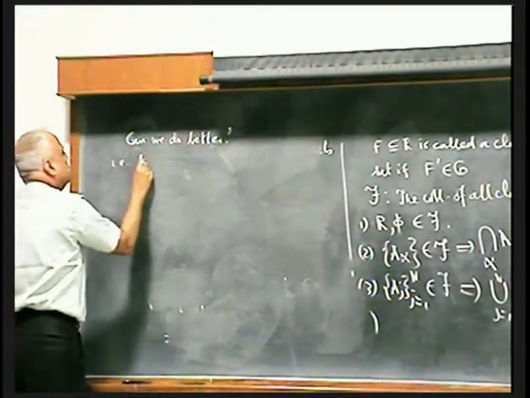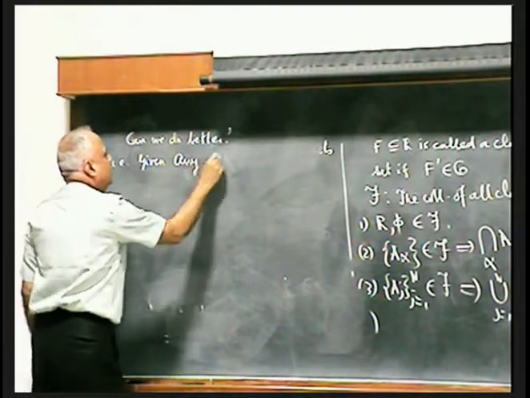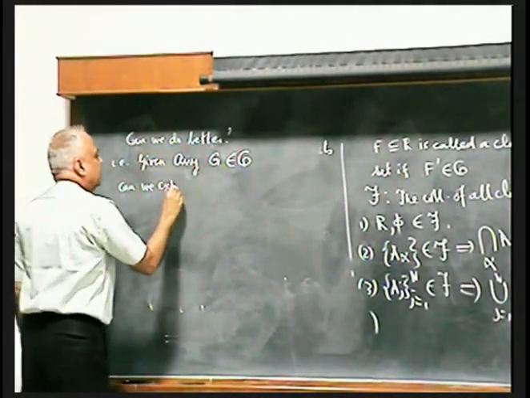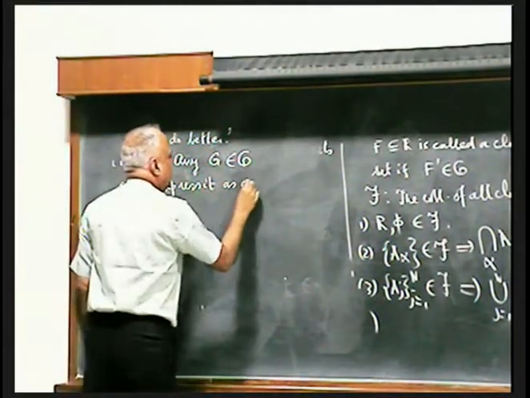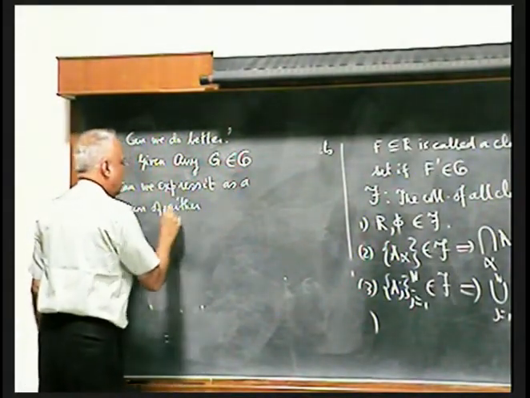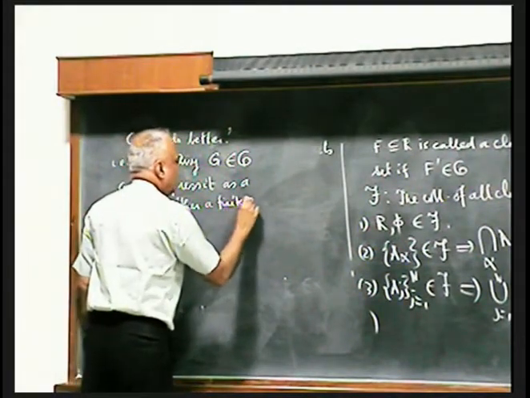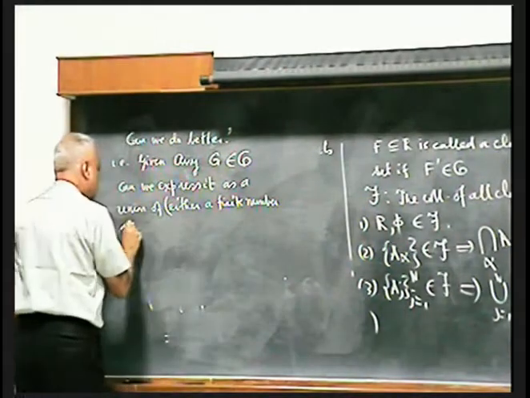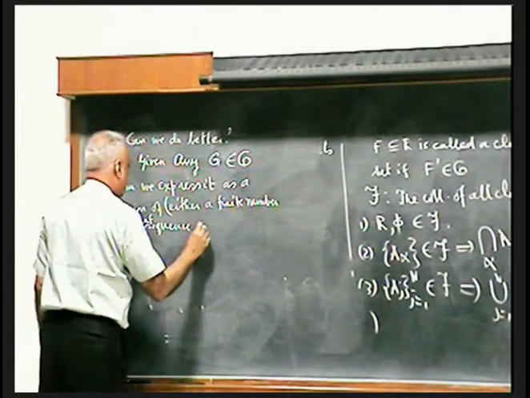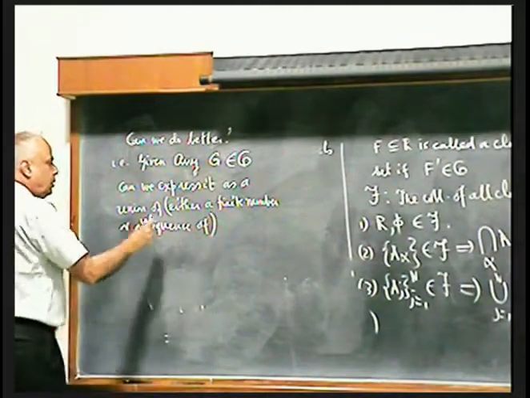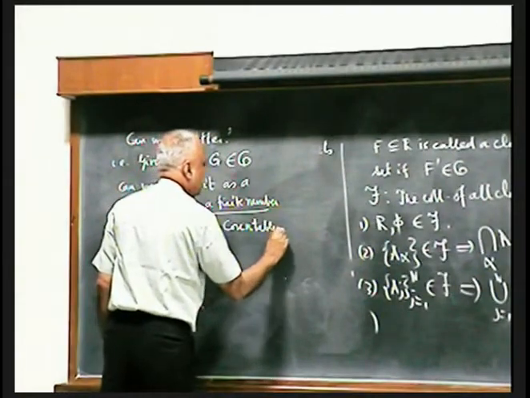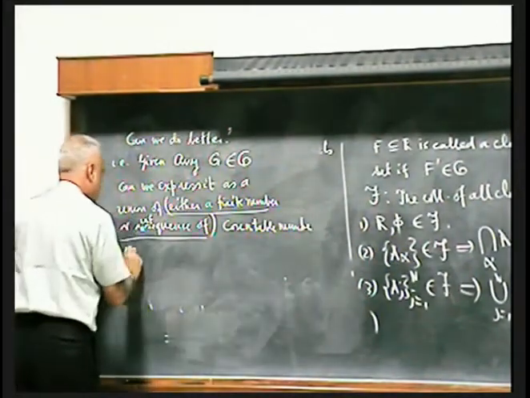That is, given any open set G, can we express it as a union of either a finite number or an infinite sequence of, that is simply, this whole statement is written in one sentence, a countable union of open intervals.